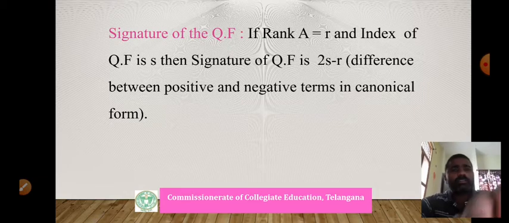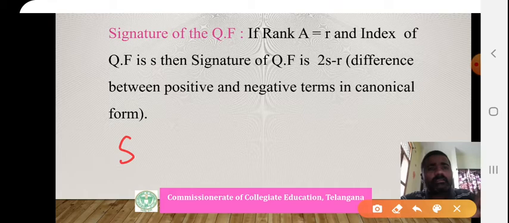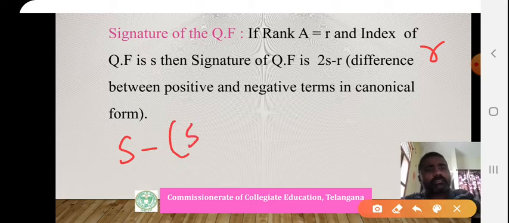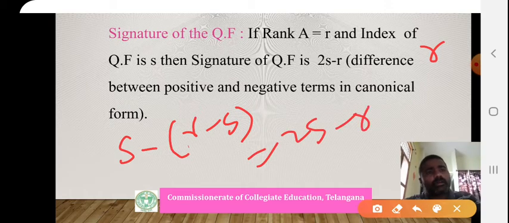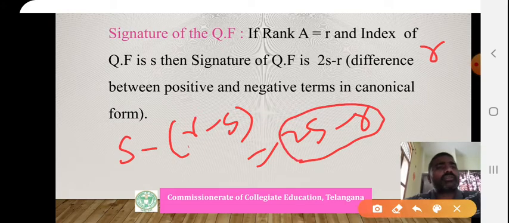What are the positive terms? Positive terms are s. Total terms are r. How many negative terms? r minus s negative terms. The difference between the positive and negative terms is s minus (r minus s), which equals 2s minus r.